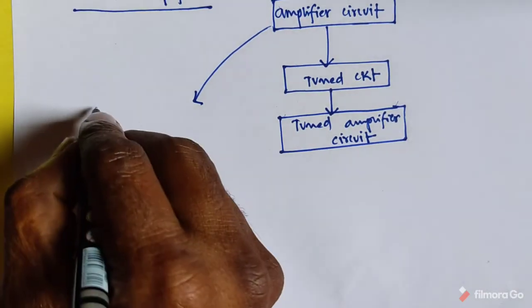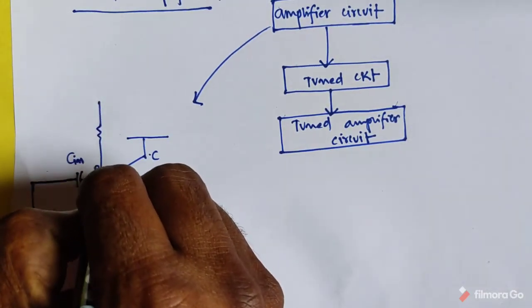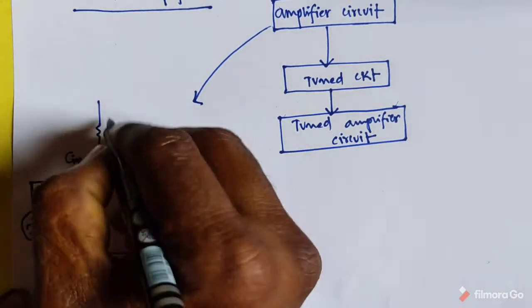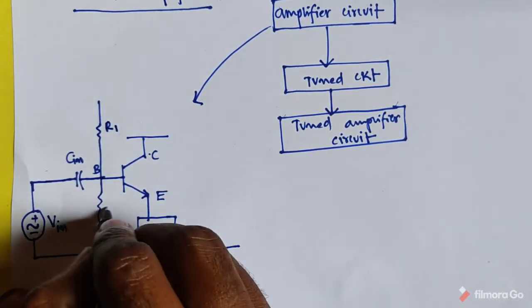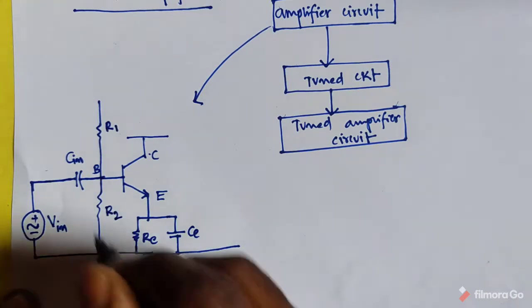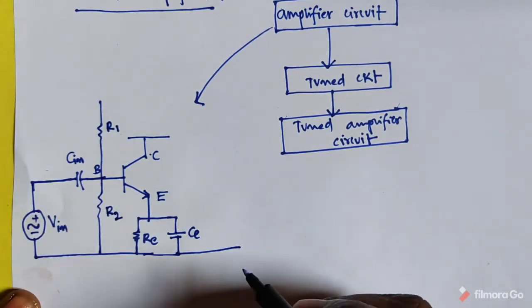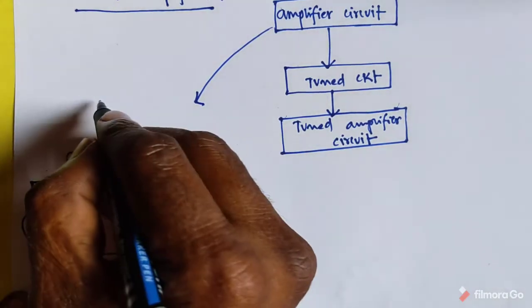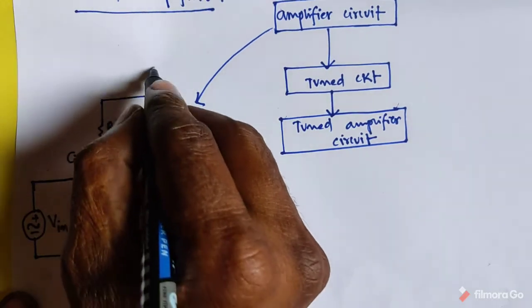For voltage divider purposes, the input signal is applied at the input stage with the help of R1 and R2 resistors. These two act as voltage dividers, which are connected from plus VCC.